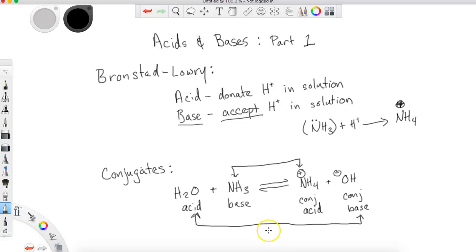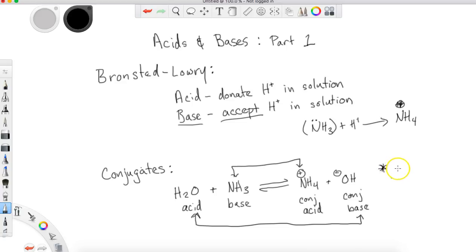So if I were to take a look at this, these would be another set of conjugates. The acid is going to create the conjugate base here. Now, in your notes, if you're following along or if you keep up with these lectures, you want to make sure that you put a star next to this or keep this in mind.